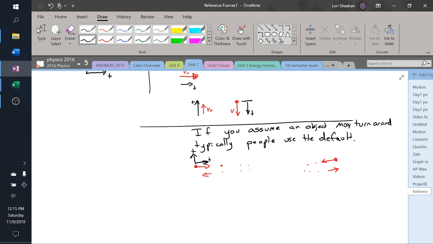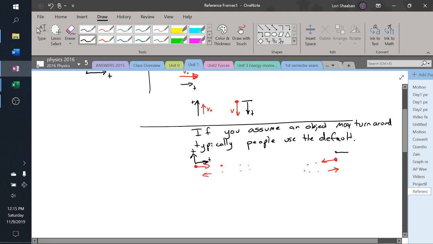It's too confusing if you put the actual reference frame on the object with a 1D. So I'm going to say to the right is positive. I typically will have my initial position still here.